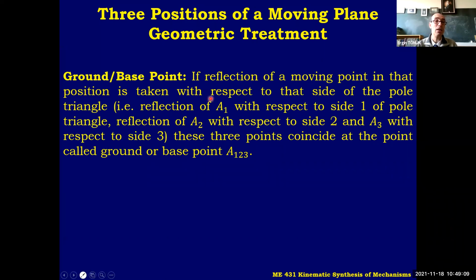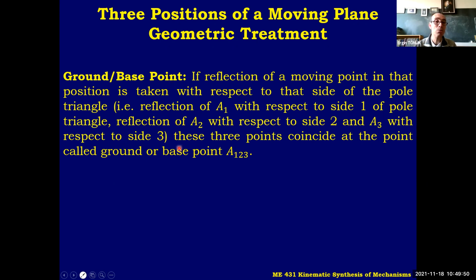Now, if you have a moving point or a circle point like A1, A2, A3, if you take its reflection with respect to the side of the pole triangle, that is, for example, reflection of A1 with respect to side 1 of the pole triangle, or reflection of A2 with respect to side 2 of the triangle, or reflection of A3 with respect to side 3, you will obtain a single point.